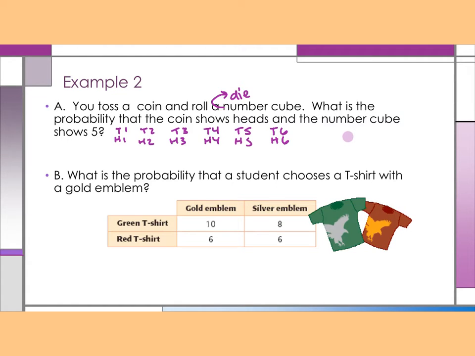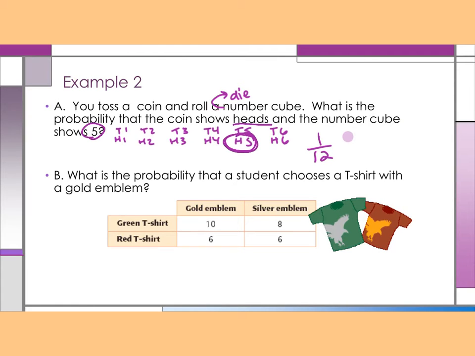So the bottom number is how many are there, which is 12. There's 12 different possibilities. The top number is how many are going to match what we want. So how many have heads and 5? There's only one of those.